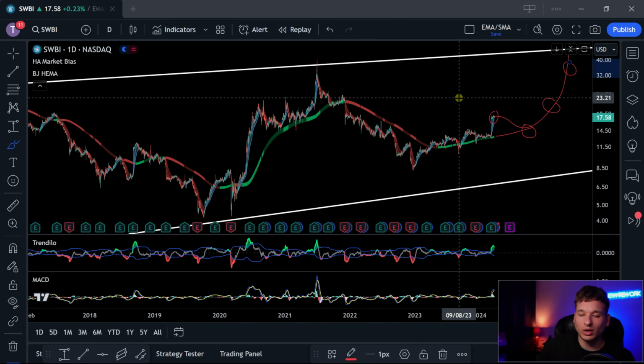It is Smith & Wesson, ticker SWBI. And we are still so far bullish on the S&P 500.